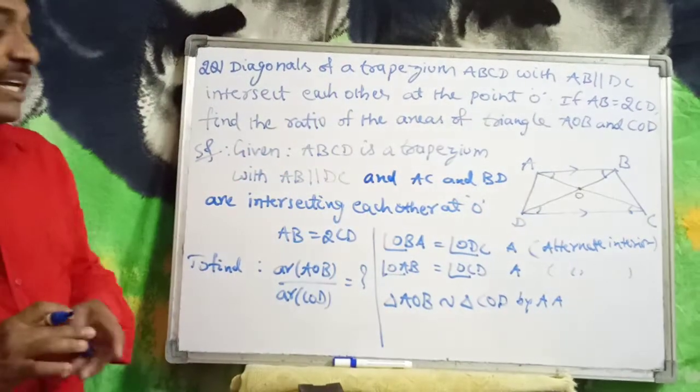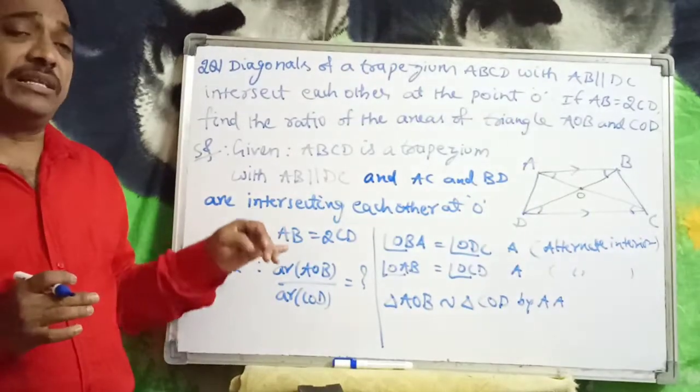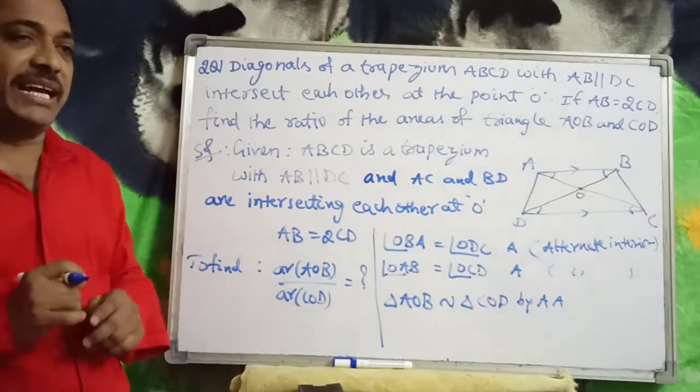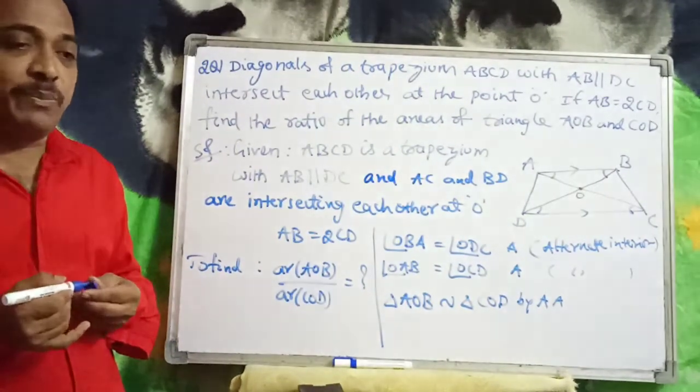Once the triangles are similar, then the ratio of areas of two similar triangles is equal to the square of the corresponding sides.